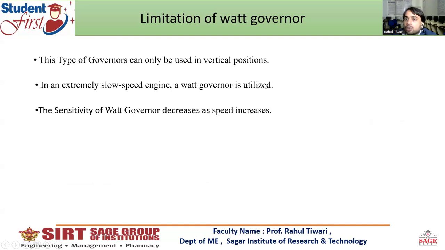This is the limitation of the Watt governor: this type of governor can only be used in vertical positions, and in an extremely slow speed engine a Watt governor is utilized. The sensitivity of the Watt governor decreases as speed increases, meaning the sensitivity is inversely proportional to speed. This is all about the limitations of the Watt governor.